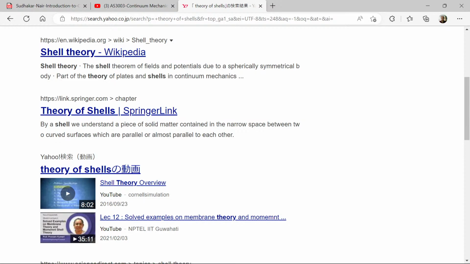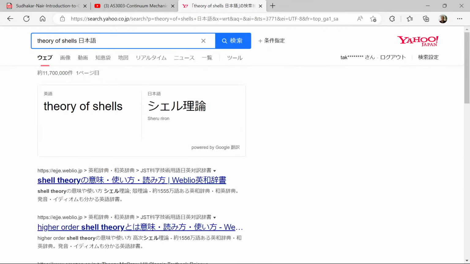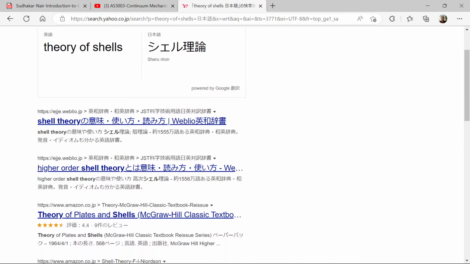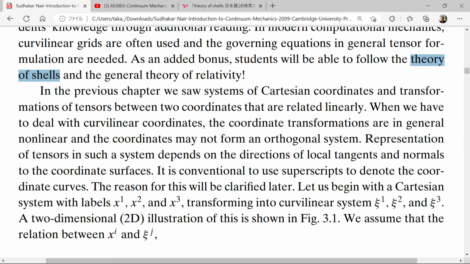Anyway, theory of shells and general theory of relativity.